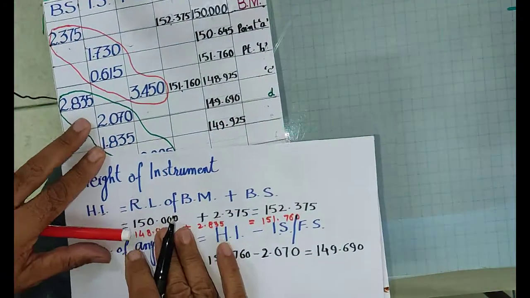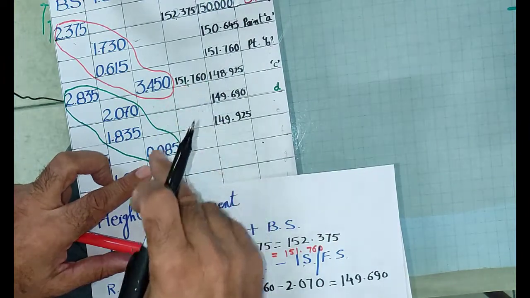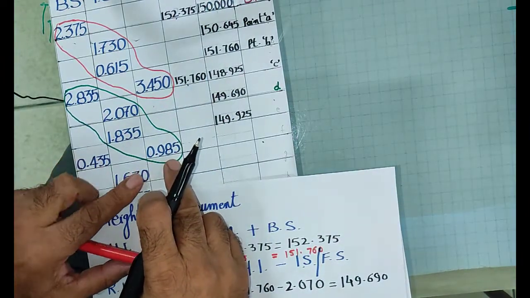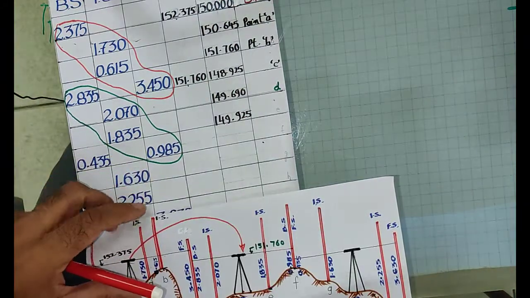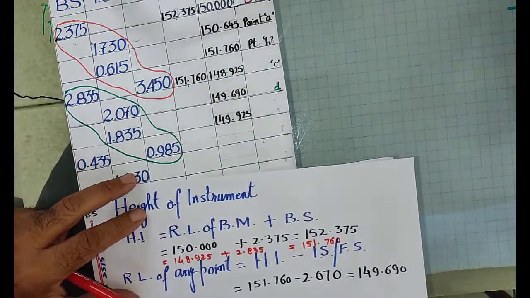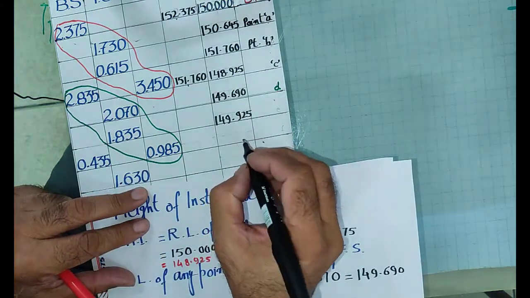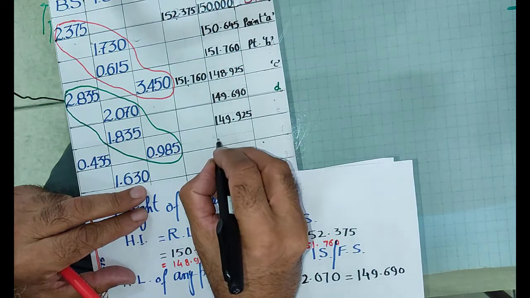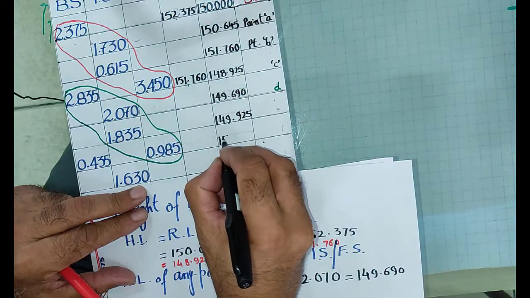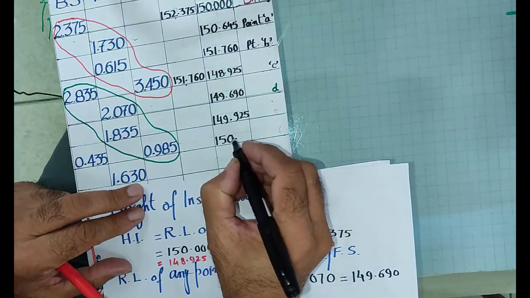And similarly, from this height of instrument you deduct this 0.985. This will give you the RL of point F. So this comes to be 150.775.